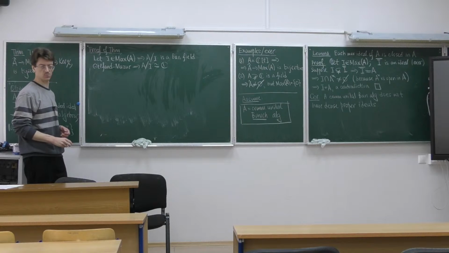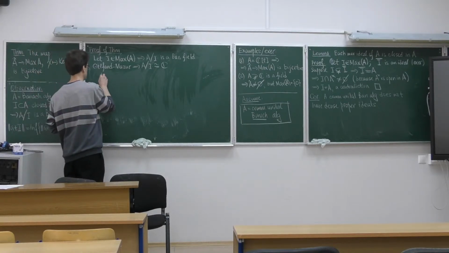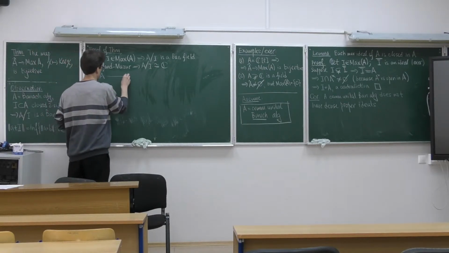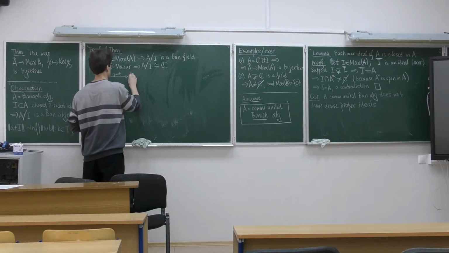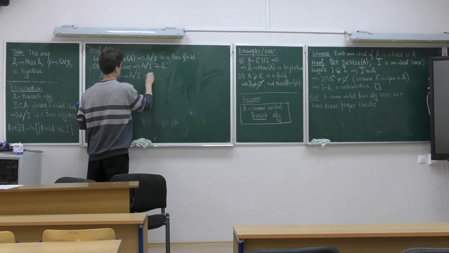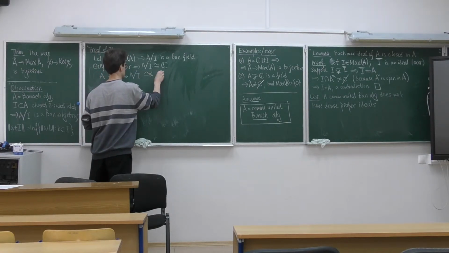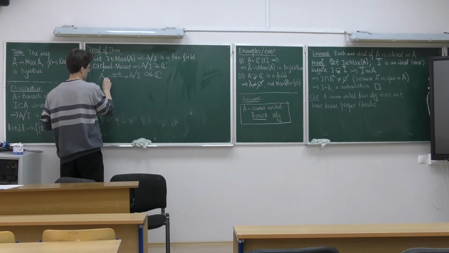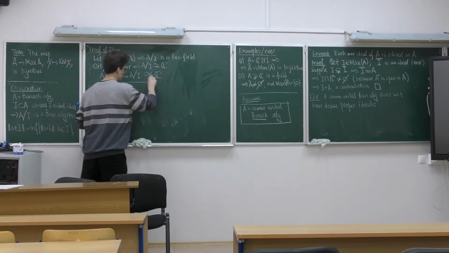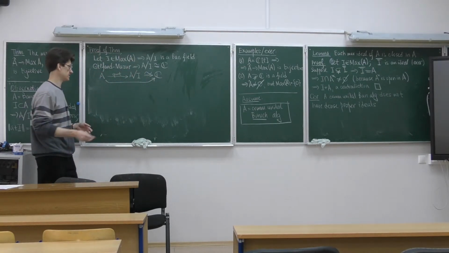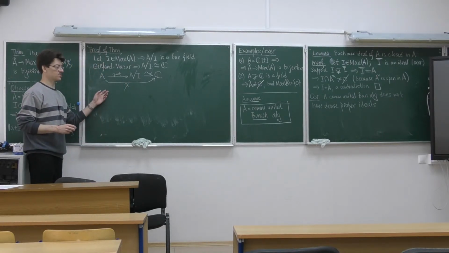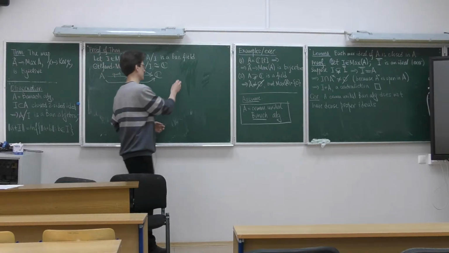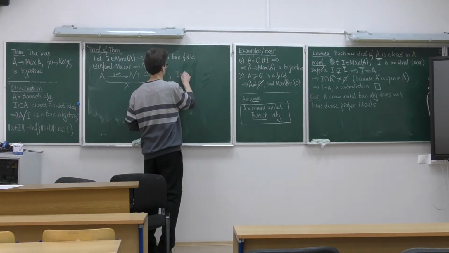And now to complete the proof, we just look at the following picture. So we have the quotient map of A to A modulo I. This is isomorphic to the complex numbers. The composition of these two maps is clearly a character, chi, and by construction, I is equal to the kernel of chi.